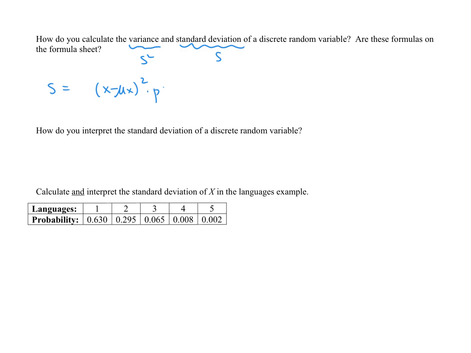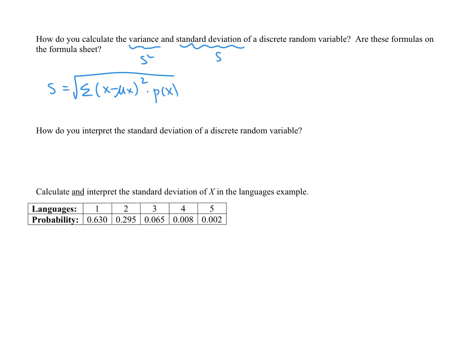We multiply by the associated probability. We sum them all up. That gives us variance then. Then we take a square root. Is that first one under variance S squared?